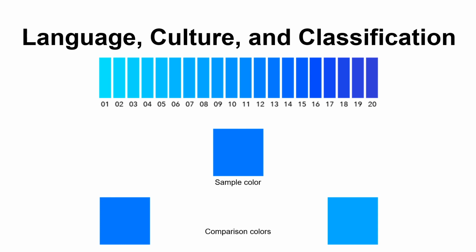So things like attention, memory, reasoning, or perception of colors seem to be influenced by how we think about those concepts. So it's not that the English speakers here were failing to perceive the difference between those colors, but that the Russian speakers benefited from having extra categories to compare against while performing this task.